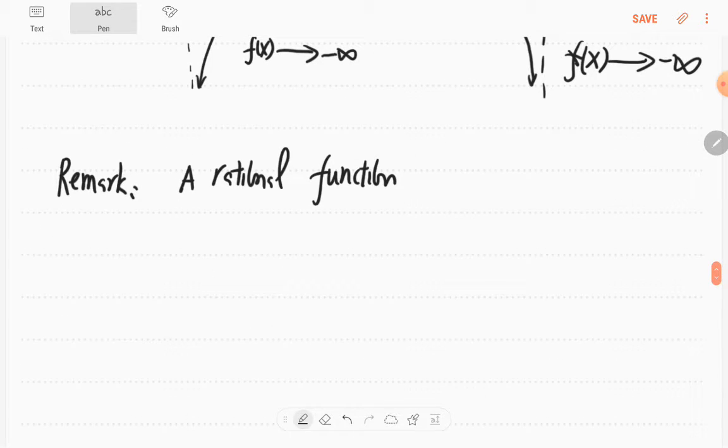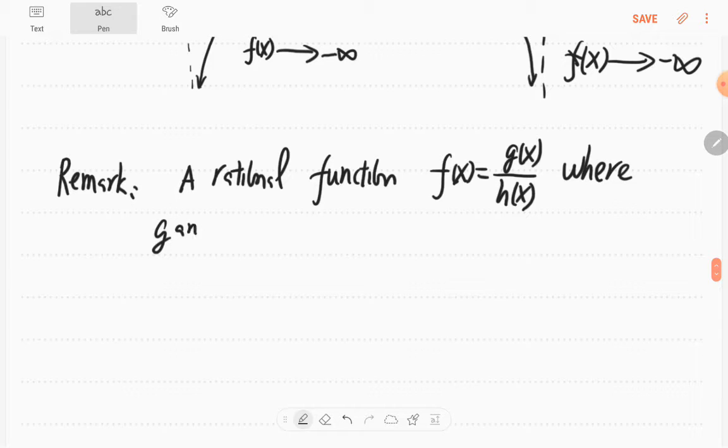This is a rational function, f of x equals g of x over h of x, where g and h have no common factors.